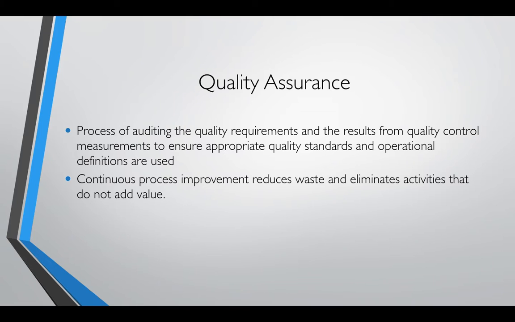So, for example, a quality assurance example would be, say we have a checklist, right? So we have a concrete checklist, a part of our quality control. Now, the checklist, is it actually being used out there in the field?